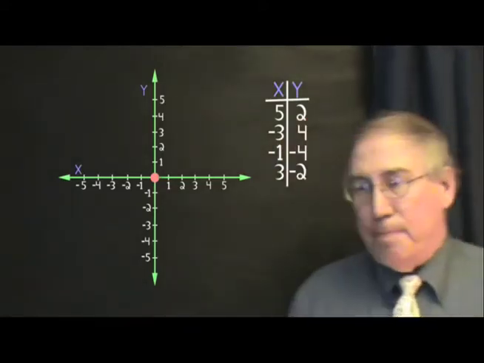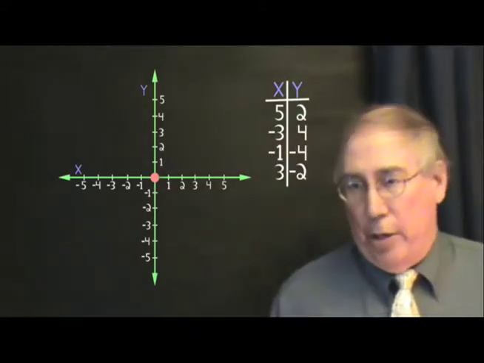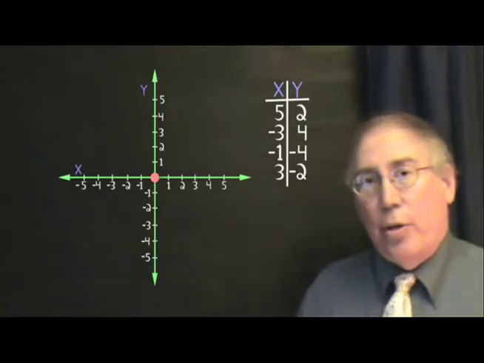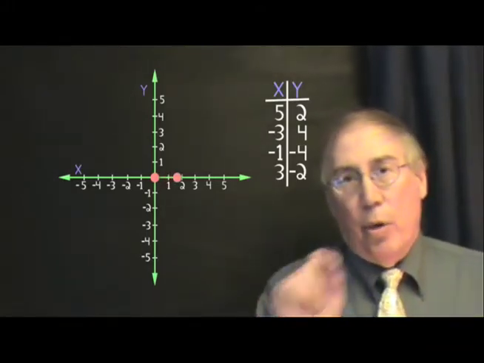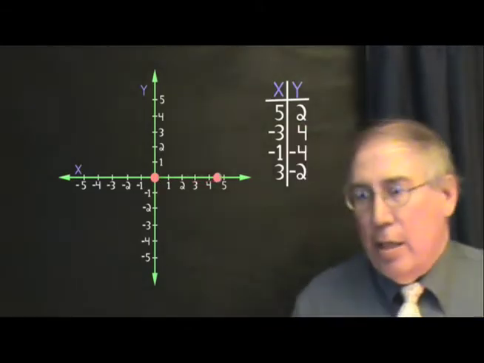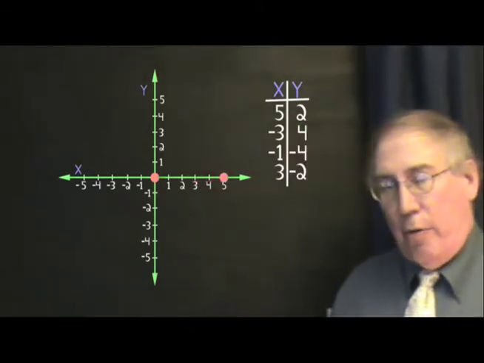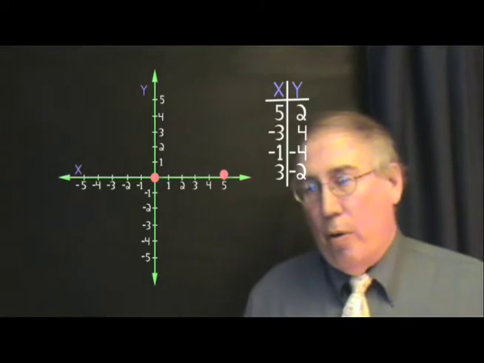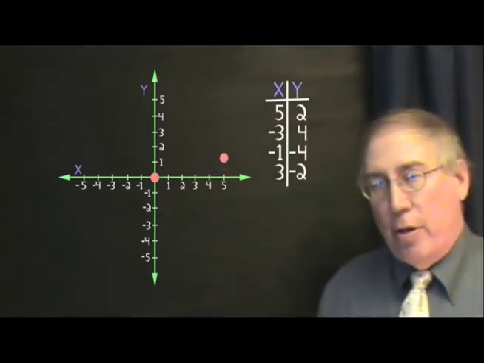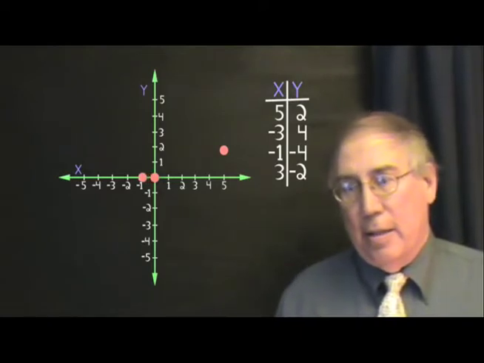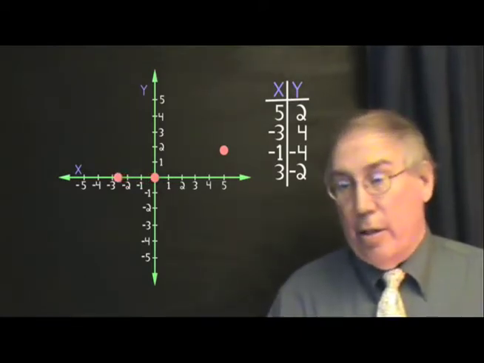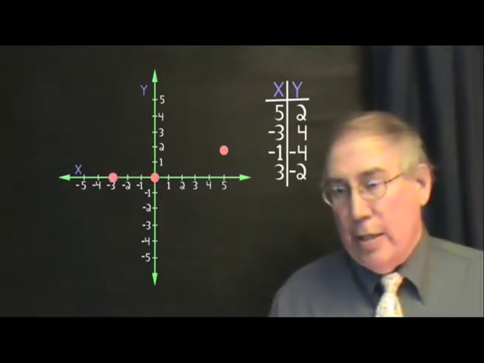Now here's a set of ordered pairs here. Let's go ahead and graph these, and we should end up with a point in each one of the quadrants. So on our first point here, we go 5 to the right and 2 up. That gives us the point in the first quadrant.